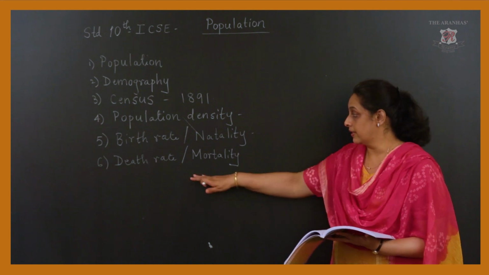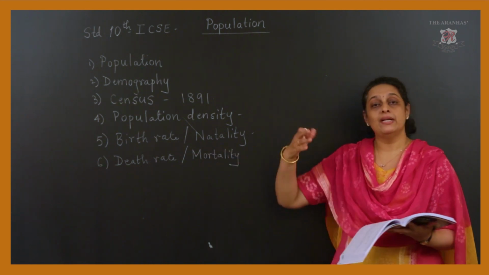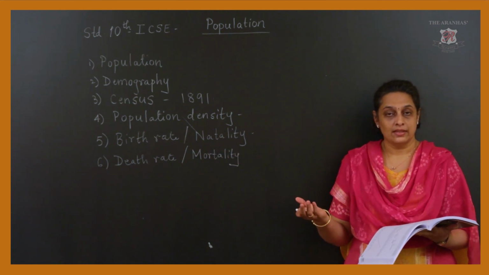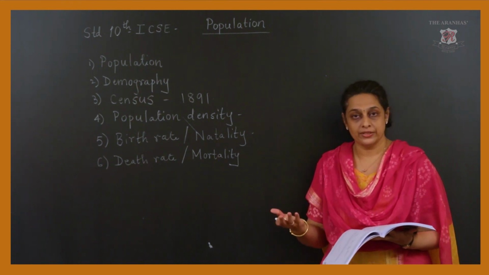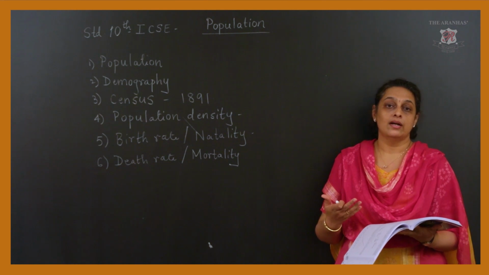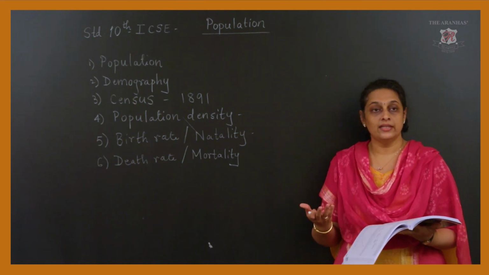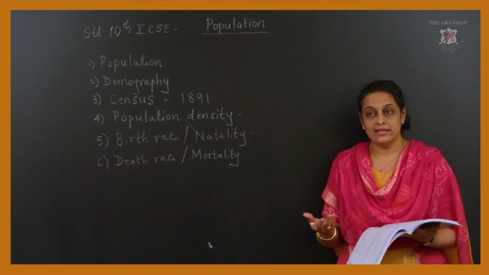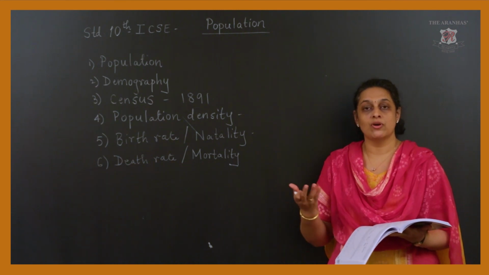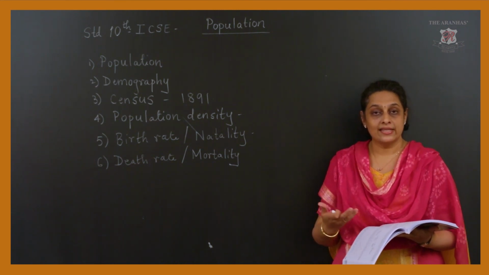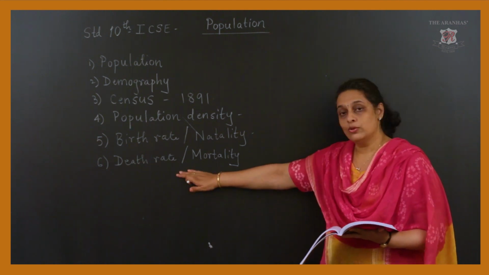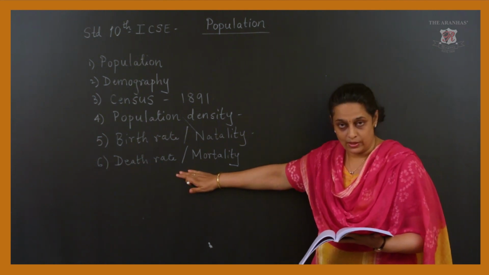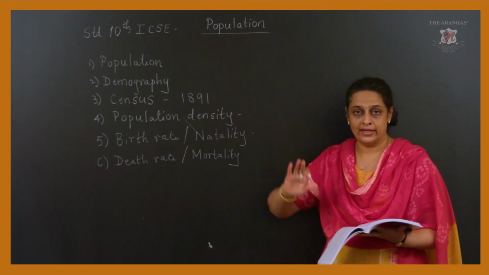Okay? Now here, how do people die? Natural death, that is because of old age, or death due to some ailments, infections or diseases, deaths due to accidents, etc. All those are taken into account in the death rate.